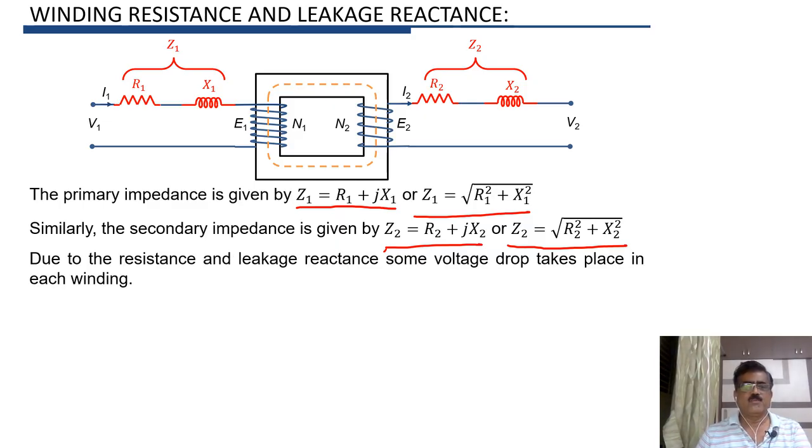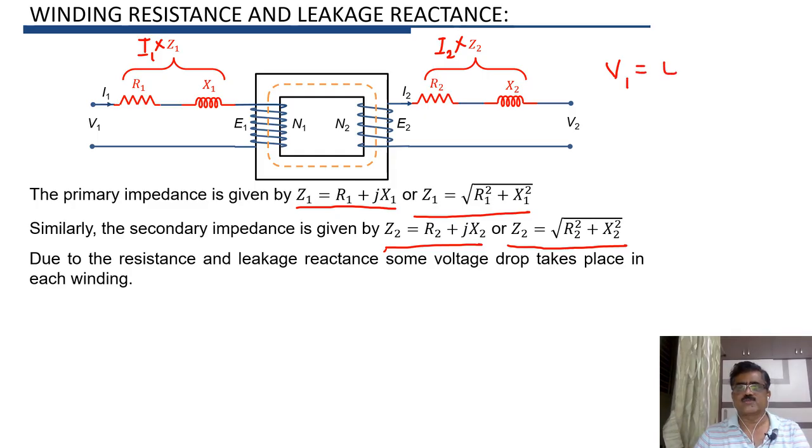And therefore because of primary and secondary resistances and leakage reactances, some voltage drop takes place in each winding. So what is the voltage drop in primary winding? It will be equal to I1 into Z1, and voltage drop in secondary winding is I2 into Z2, and because of these voltage drops, now V1 cannot be equal to E1.